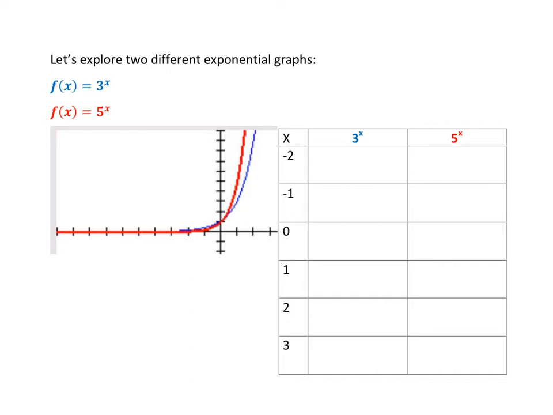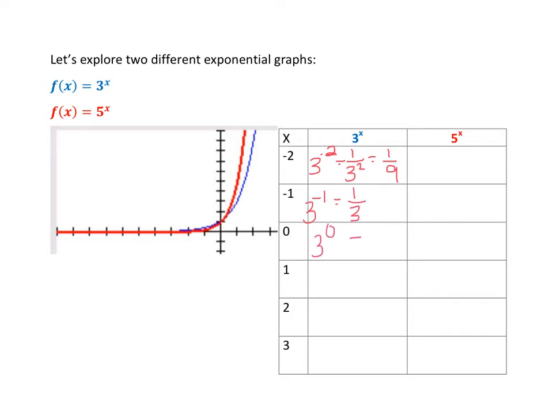So 3 to the -2. If I fix my negative exponents, that's 1 over 3 squared, so that's 1/9. 3 to the -1 would be 1/3.